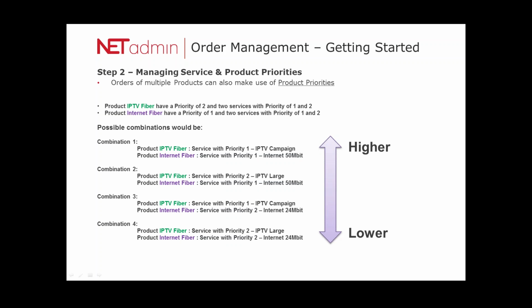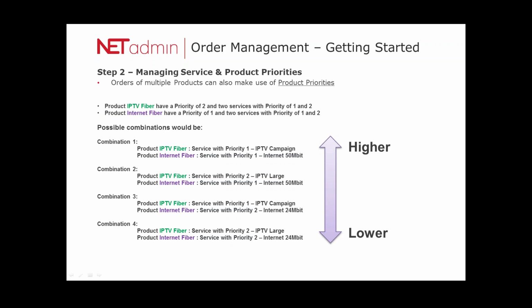So the way it goes is that combination 1 has higher priority than combination 4. But as you can see, combination 2 and 3 can potentially have the same priority if you look at the total amount. They both have one which is priority 2 and one that is priority 1, and it equals 3 in total.